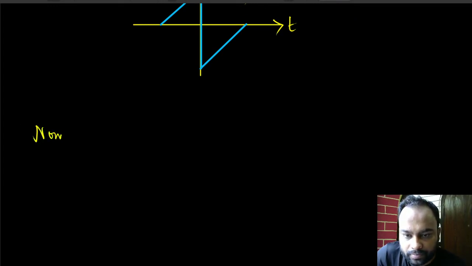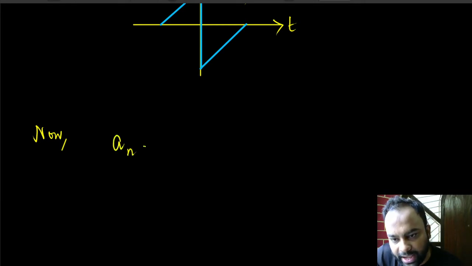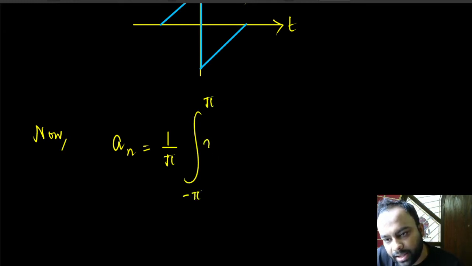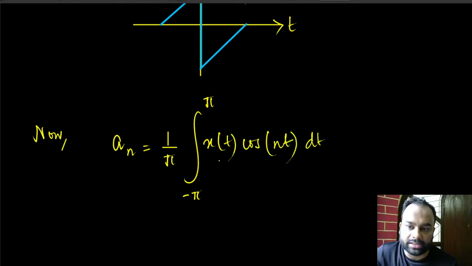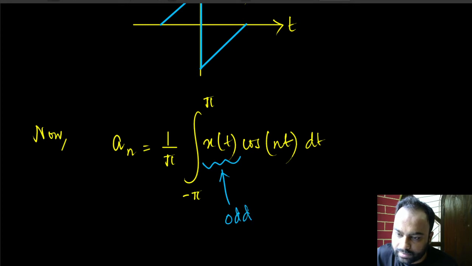Now, if I look at this integration, a_n, which is 1 by pi, integration from minus pi to pi x(t) cos nt dt, look at the signals. The signal that I gave you is an odd signal, right?